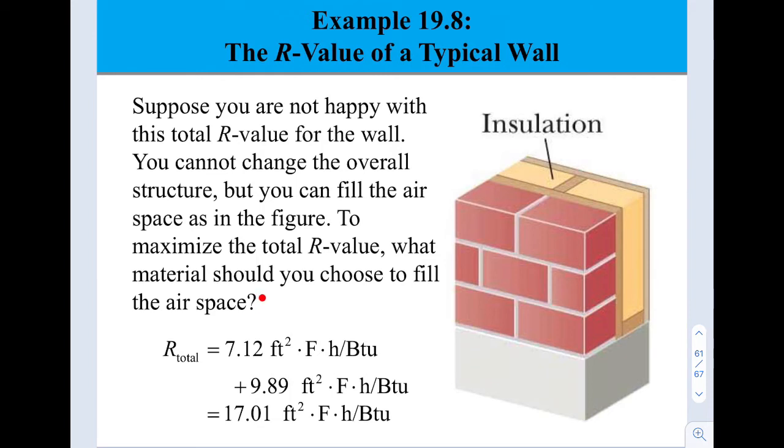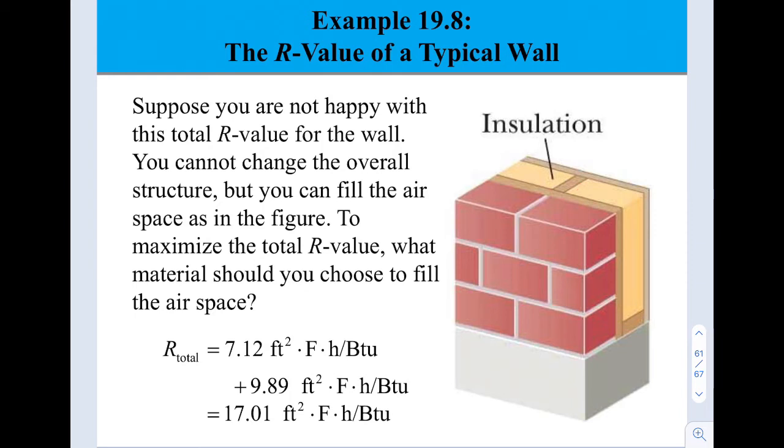Looking at the figure or table 19.4, we see that 3.5 inch of fiberglass insulation is more than 10 times as effective as 3.5 inch of air. Therefore, we should fill the air space here with the fiberglass insulation.